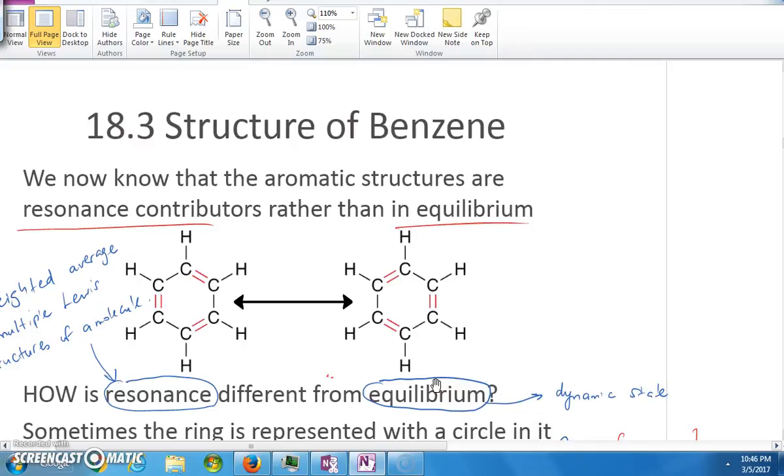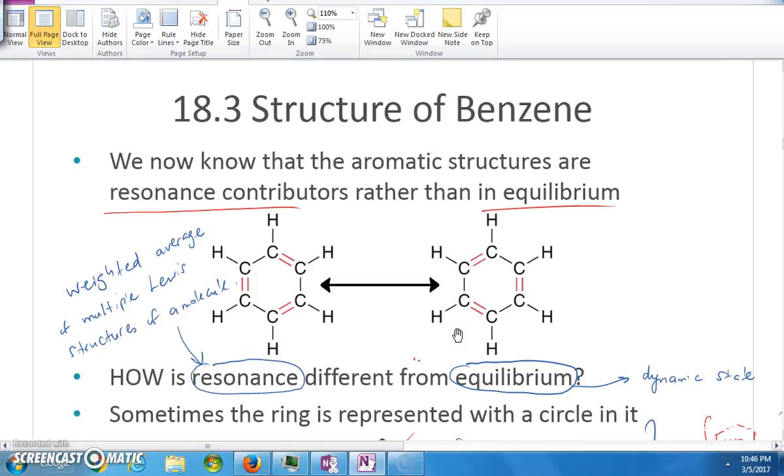Now we know that aromatic structures are resonance contributors, rather than in equilibrium. And of course you know that resonance is different from equilibrium. In resonance, you're simply looking at multiple Lewis structures to help describe the actual structure of an organic molecule.